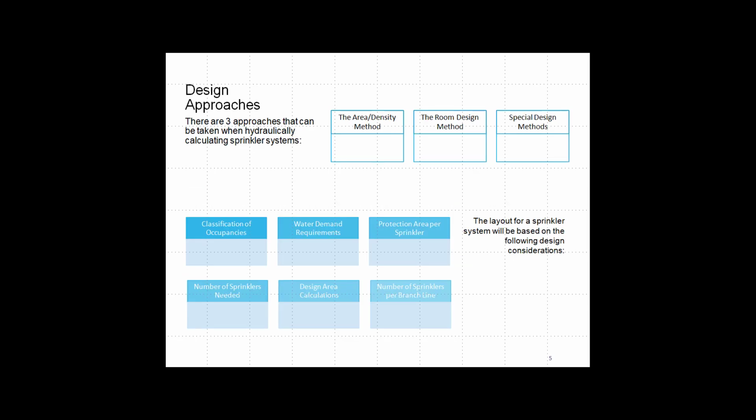The layout for a sprinkler system will be based on the following design considerations: classification of occupancies, water demand requirements, protection area per sprinkler, number of sprinklers needed, design area calculations, and the number of sprinklers per branch line.